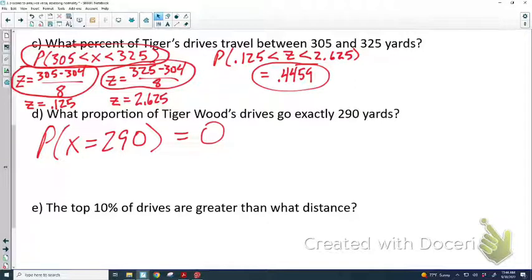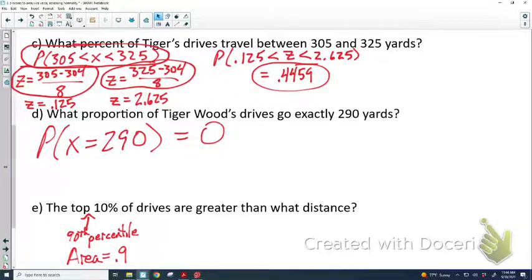And then lastly, top 10%. What marker represents the top 10%? This is referring to a 90th percentile, right? Or an area of 0.90.